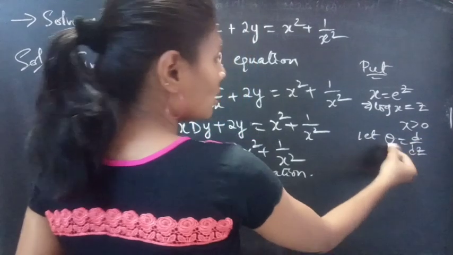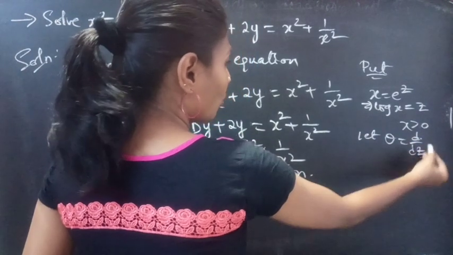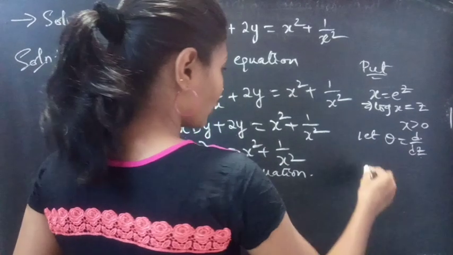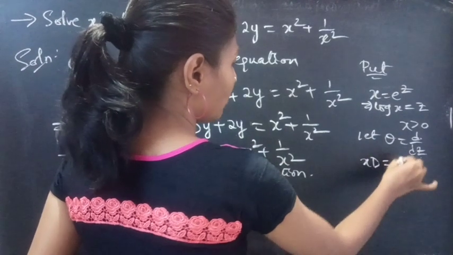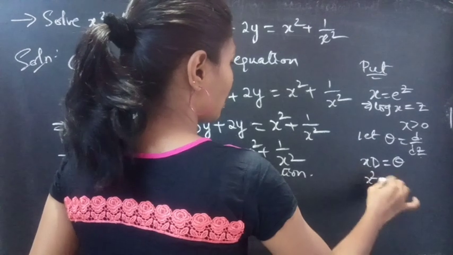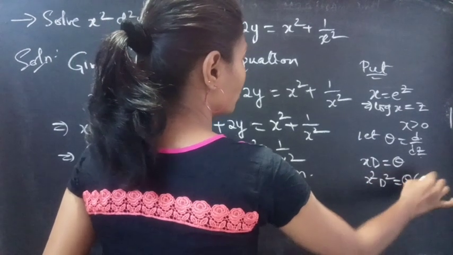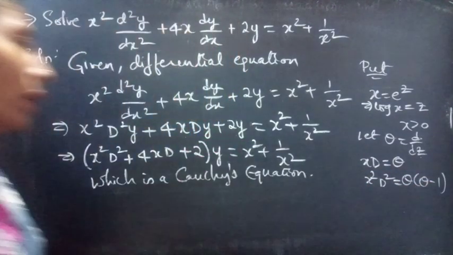Here theta is a differential operator whose independent variable is z. We'll replace xD by theta, and x square D square by theta into theta minus 1.